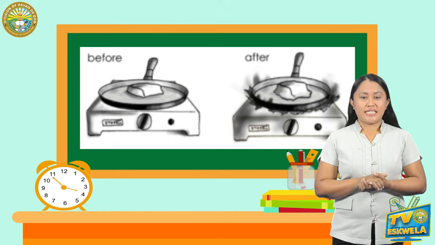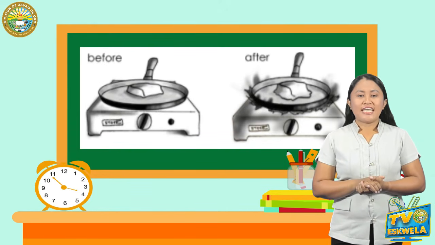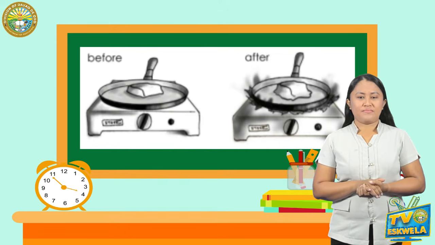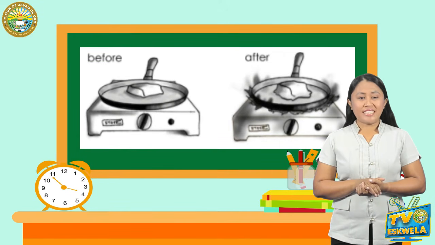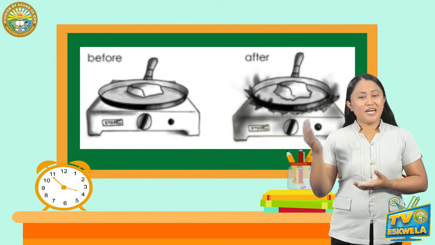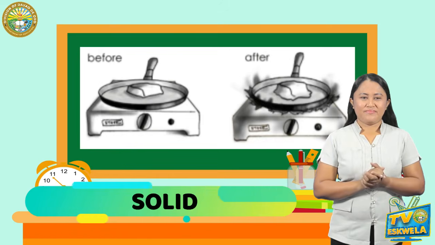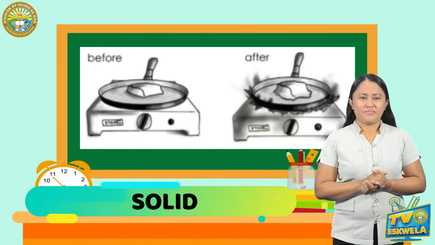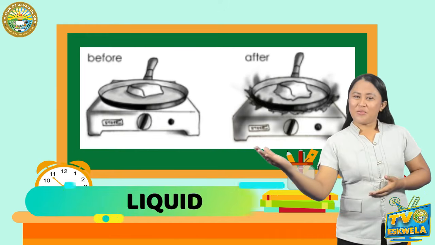When butter is heated on a frying pan, it melts because it is exposed to heat. Thus, its temperature increases. Butter is an example of a solid. When heated, it becomes liquid.